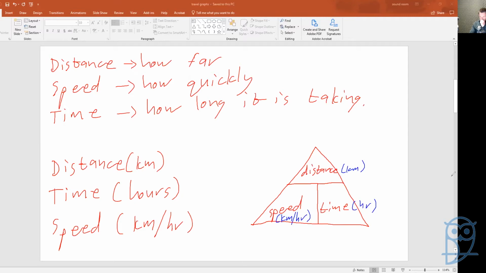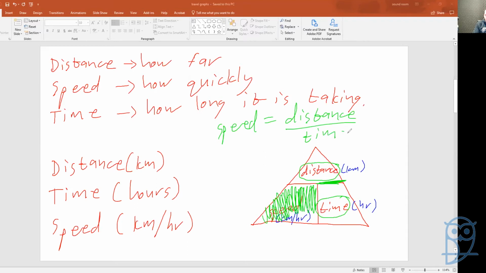All right, great. So if we cover up one of them, so let's say we want to calculate speed. We cover up speed, and then that leaves distance divided by time. And that's how you calculate it. Speed equals distance over time.